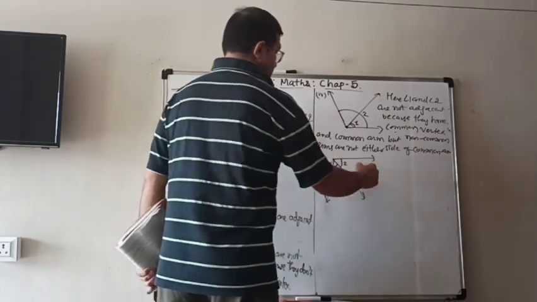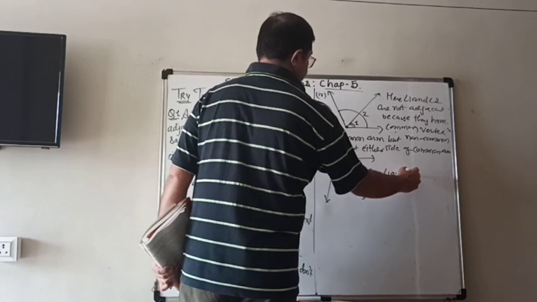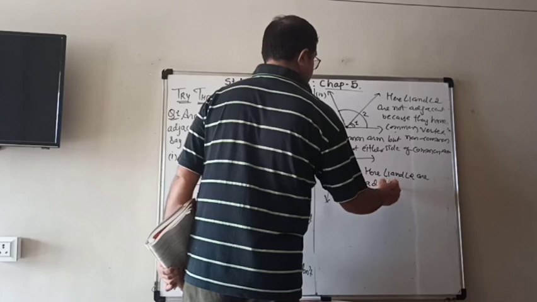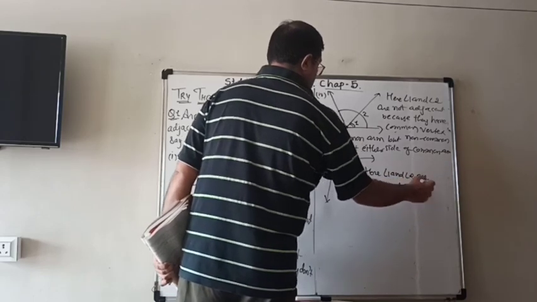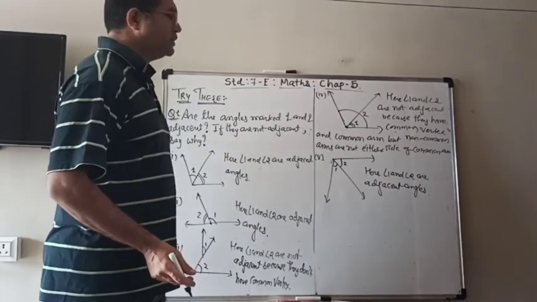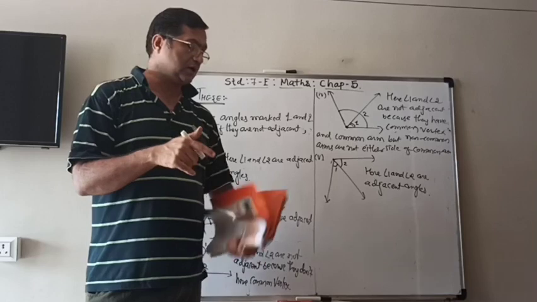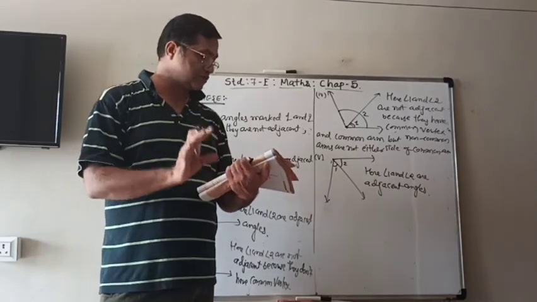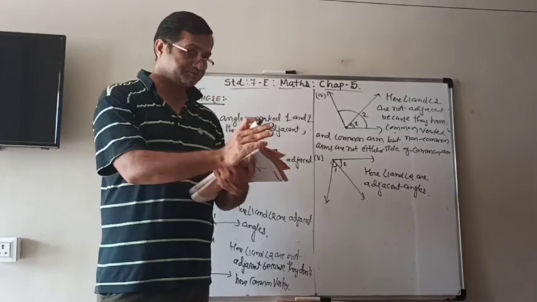So here angle 1 and angle 2 are adjacent angles. In the figure you have to check three things: common arm, common vertex, and non-common arms should be on either side of the common arm.